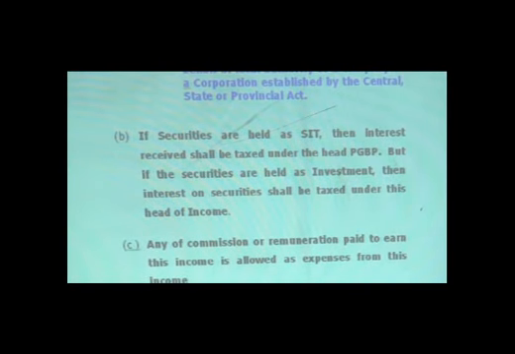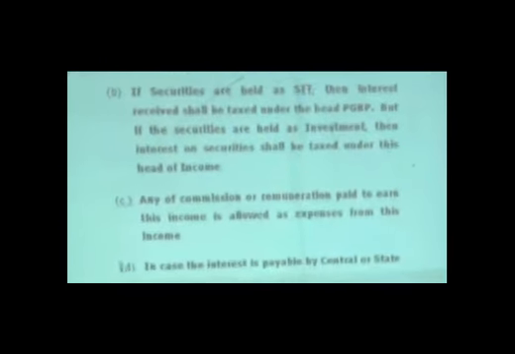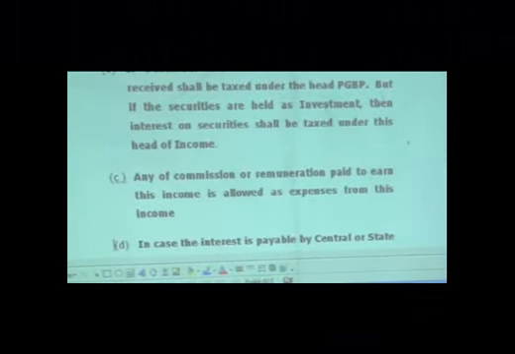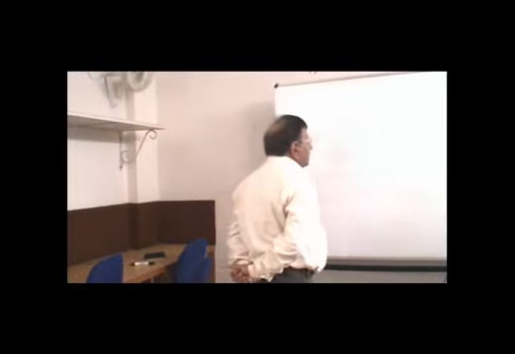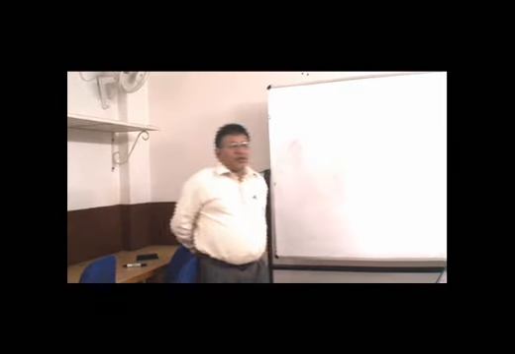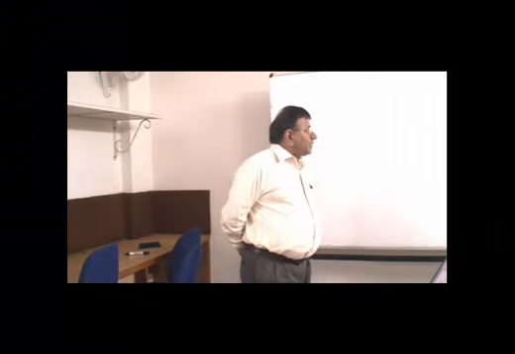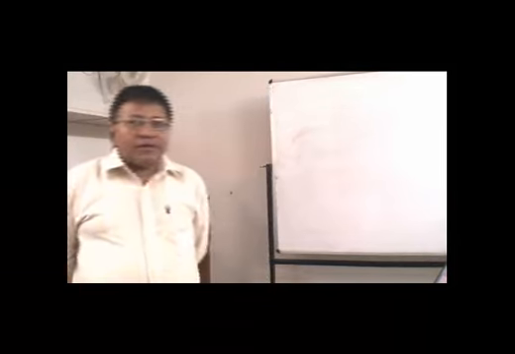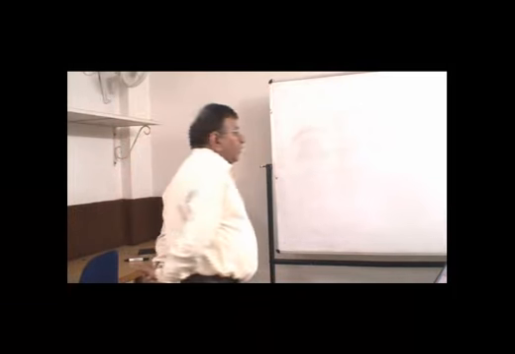If the securities are held as stock in trade, then the interest received shall be taxed under the head profits and gains of business and profession. But if the securities are held as an investment, then the interest on security shall be taxed under the head income from other sources.